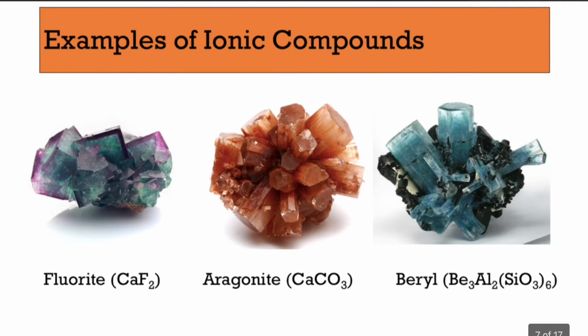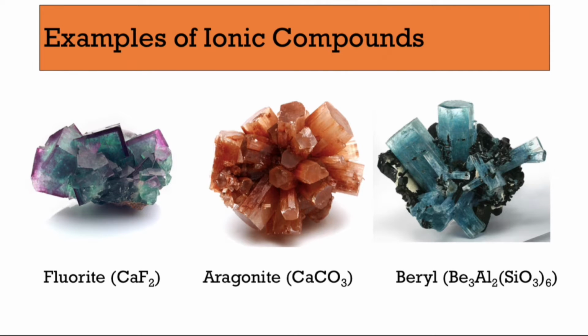Here are some examples. You don't need to write these down, I'm just showing you some examples of ionic compounds. If you go to the Museum of Natural History in the city, if one day we can go back there, there's something called the Hall of Gems, and you will see something like calcium fluoride, all pretty and pink and blue and purple, if the structure is lined up in a different way.